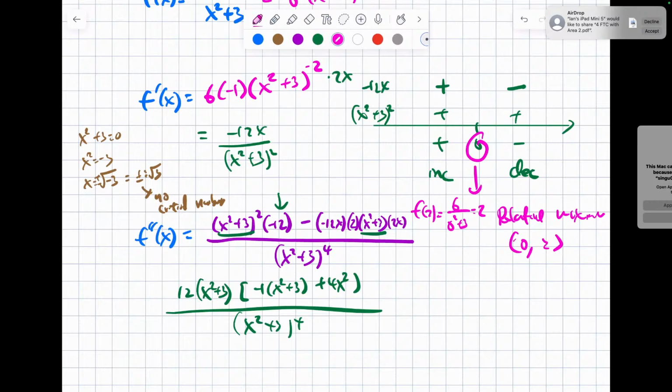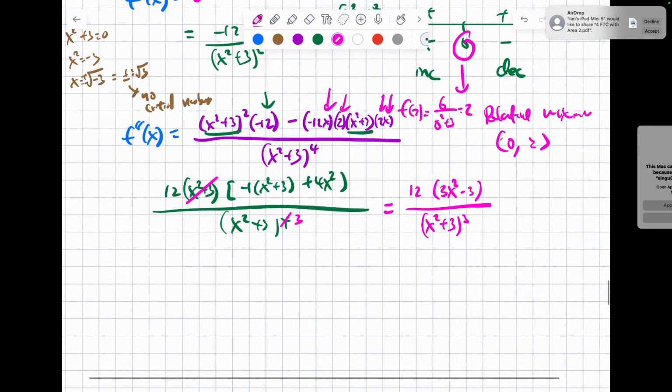So if I do the quotient rule here, this is 4x, and this negative sign becomes positive 4x. So that's going to be 12 times, if I distribute correctly, 3x squared minus 3 all over x squared plus 3 to the 3rd power.